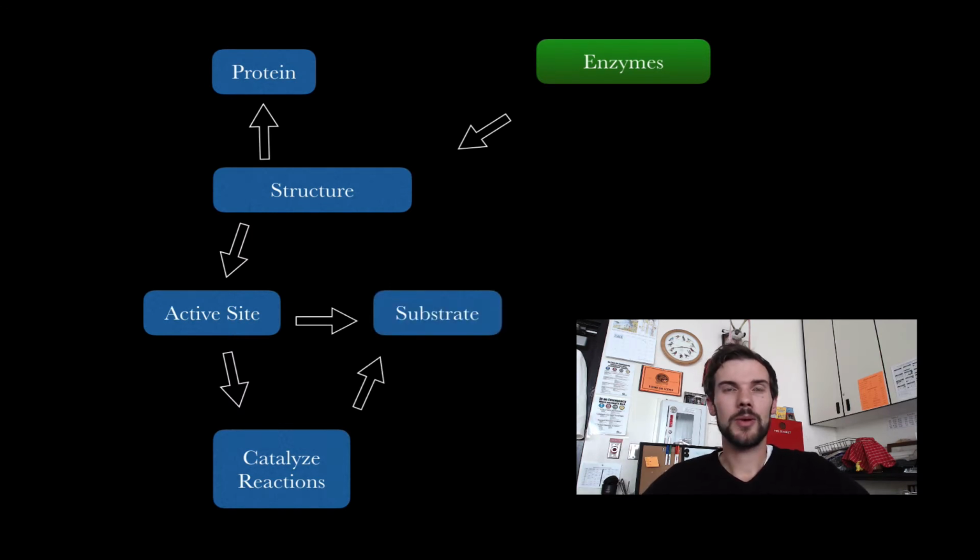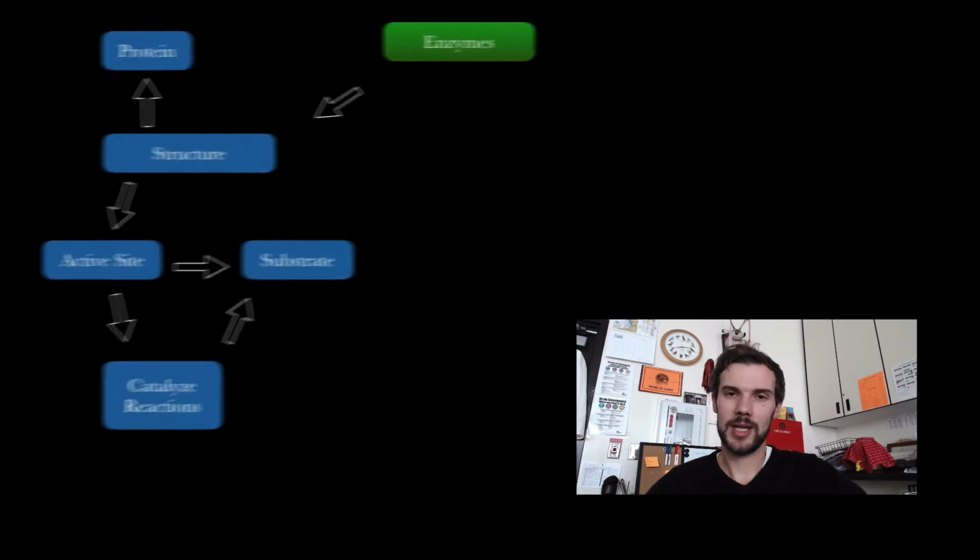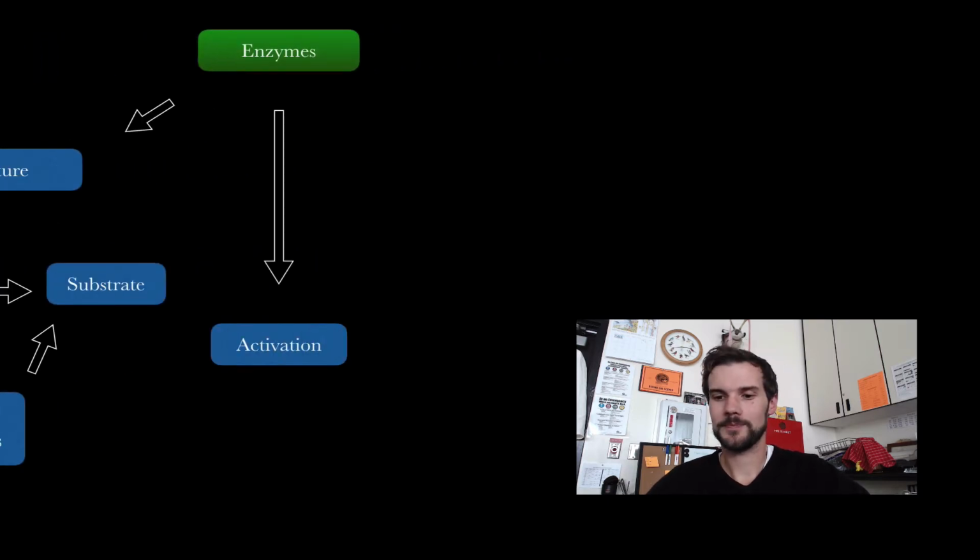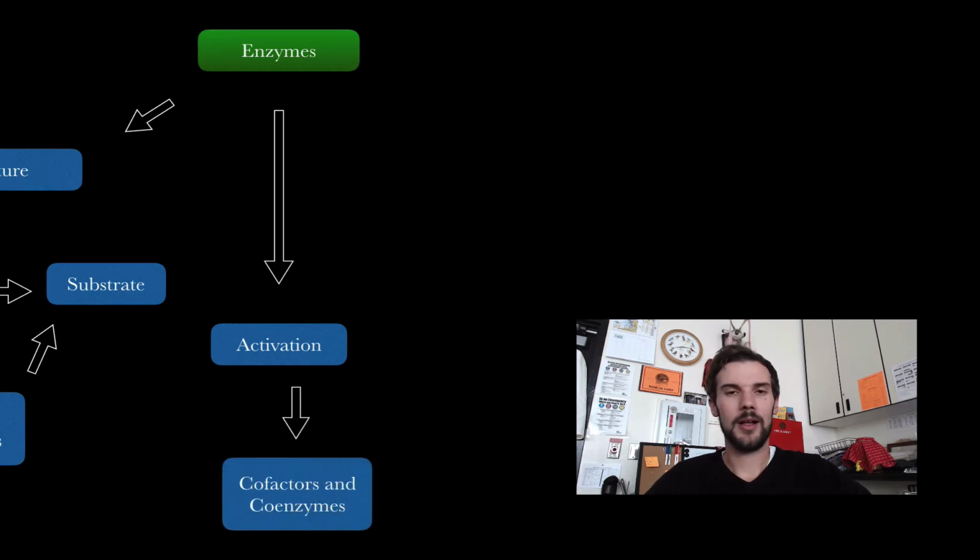And that molecule that we are catalyzing the reaction for is going to be called the substrate. So the example of lactose, that's going to be the substrate. Lactase is going to be the enzyme. Enzymes need to be activated sometimes, and we call those molecules that help with the activation cofactors and coenzymes.